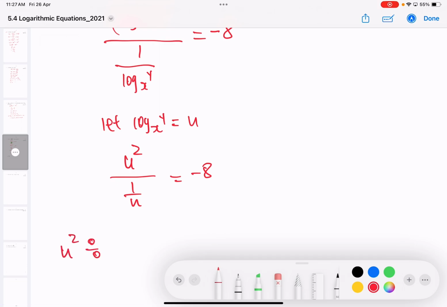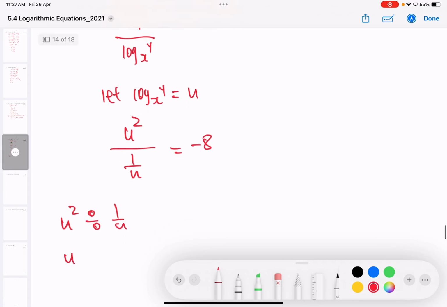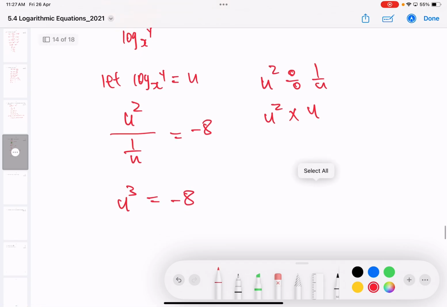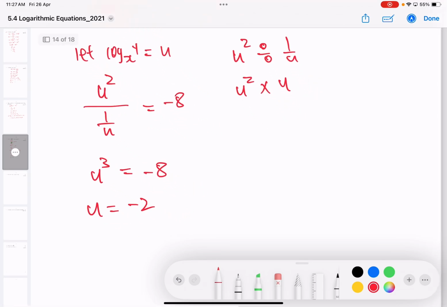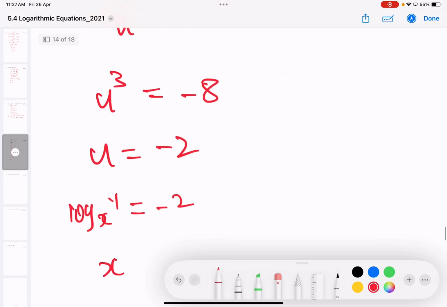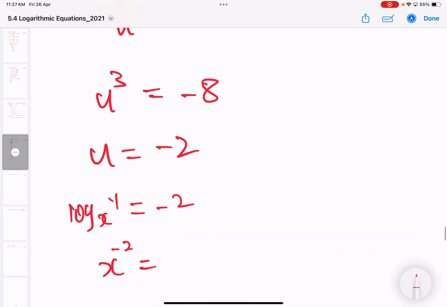This is divided by 1 over u, the same as u squared times u. So this can be simplified to u cubed is equals to negative 8. Therefore, u is negative 2. And u is actually log xy is equals to negative 2. So therefore, x to the power of negative 2 is equals to y.